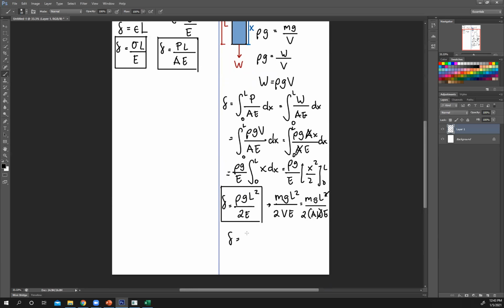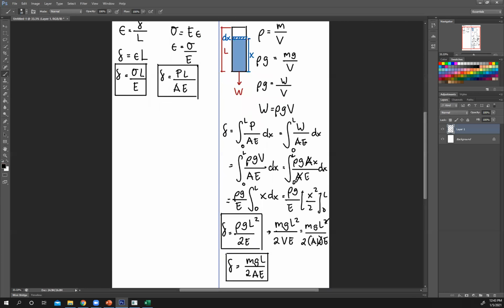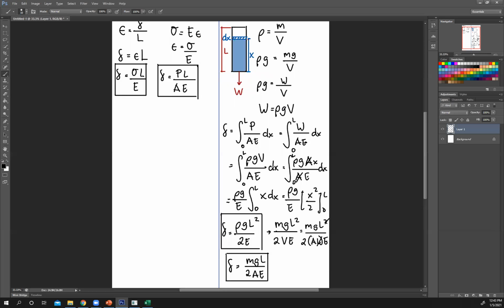Finally, you're left with MGL over 2AE. There. All right? MGL over 2AE. You understand? Please answer yes or no. Do you understand the derivation of your equations?